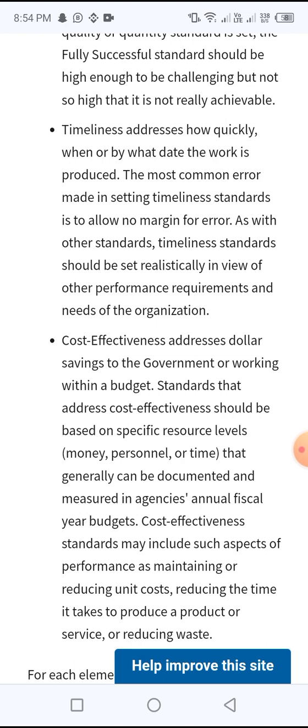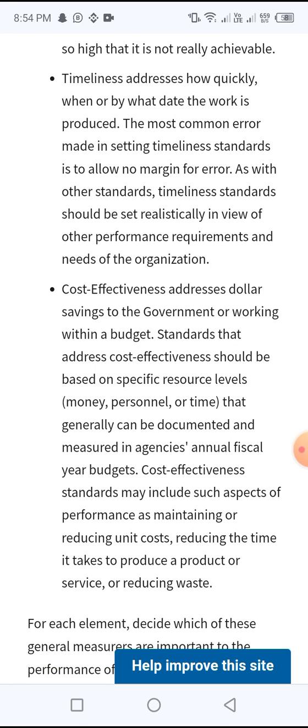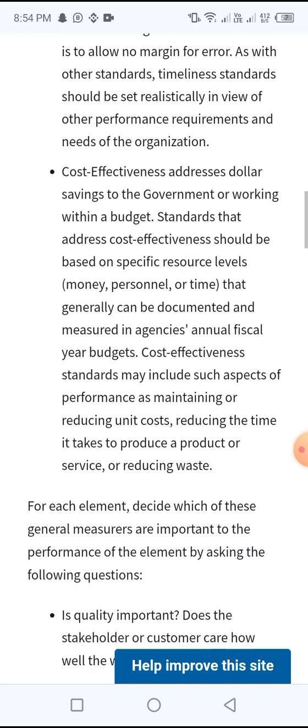Standards that address cost effectiveness should be based on specific resource levels, money, personnel, or time that generally can be recommended and measured in agencies' annual fiscal year budgets. Cost effectiveness standards may include such aspects of performance as maintaining or reducing unit cost, reducing the time it takes to produce a product or service, or reducing waste.